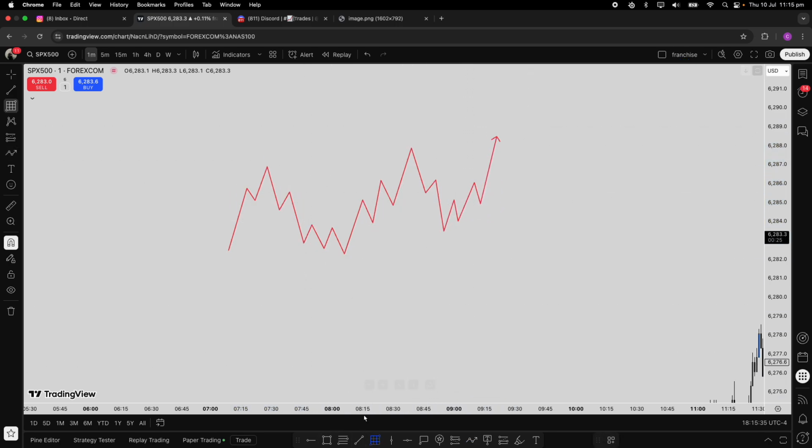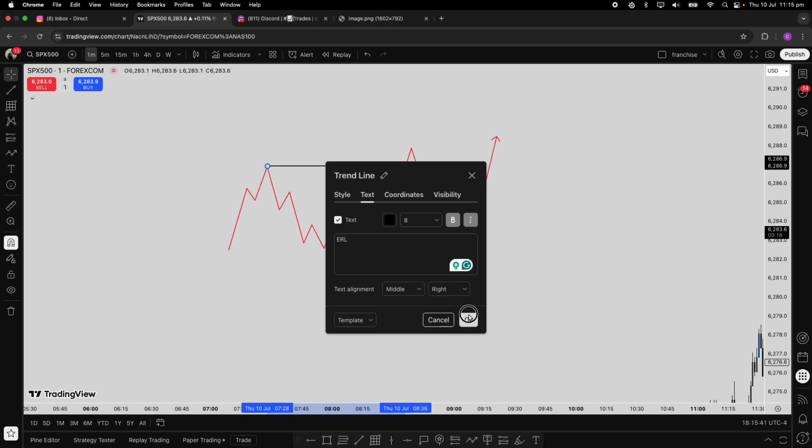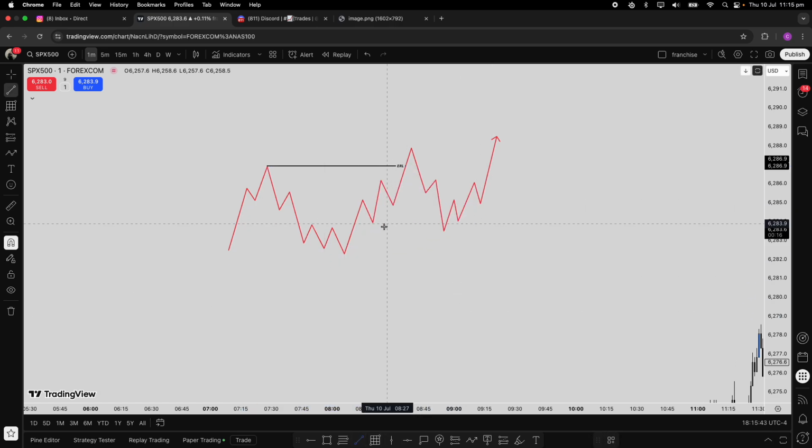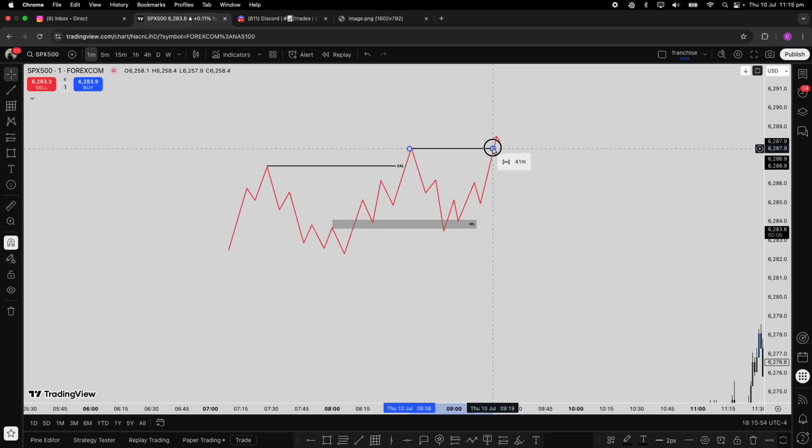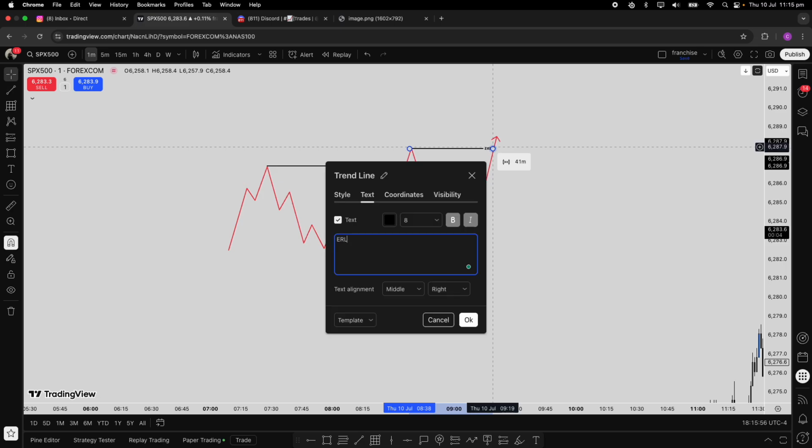This is the framework. So ERL, IRL, ERL.